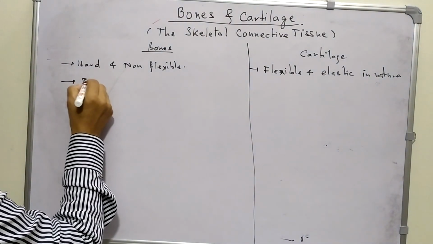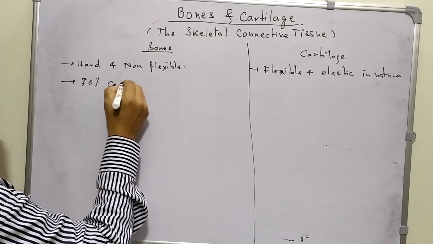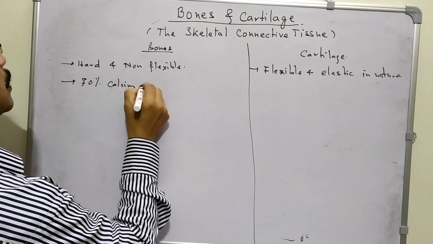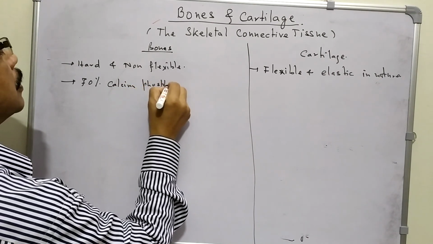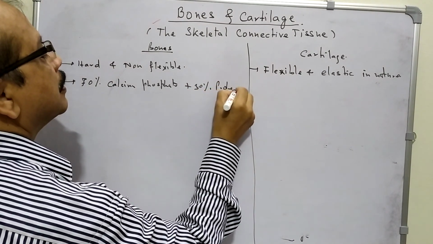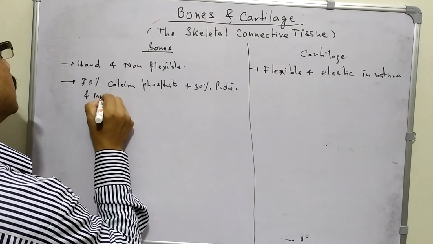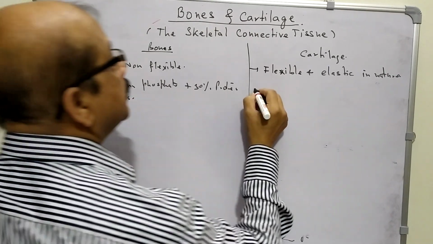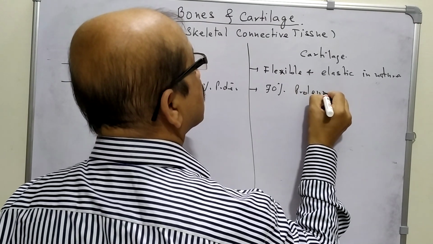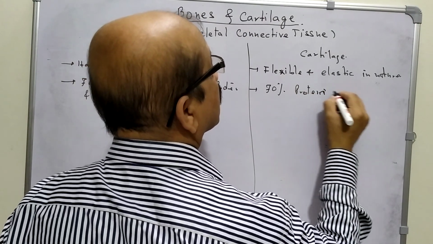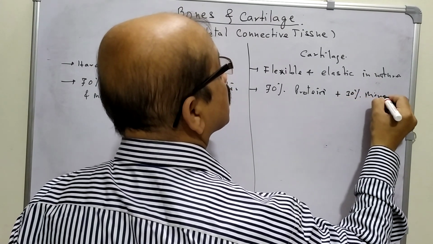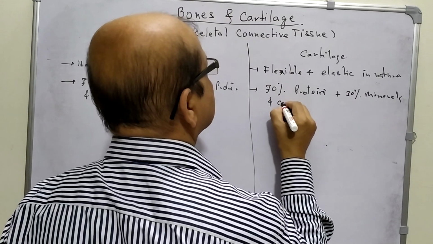Bone is made up of 70% calcium phosphate plus 30% protein and minerals. Here, 70% protein plus 30% minerals and calcium.